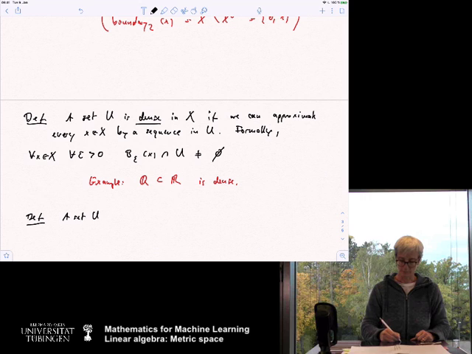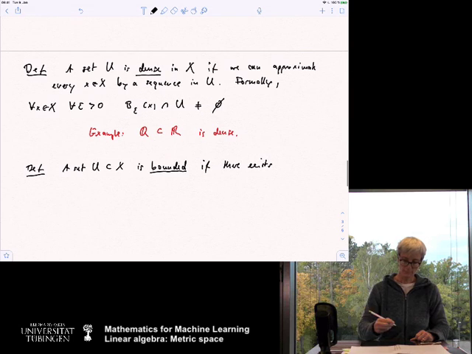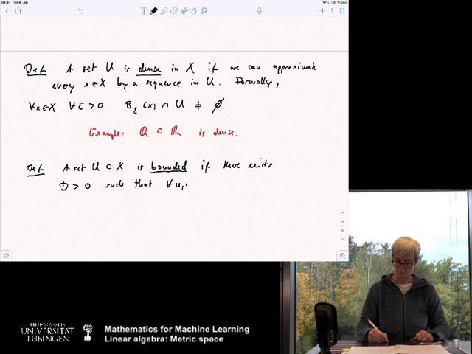A set U in the metric space is bounded if there exists a constant d larger than 0 such that for all points u, v in the set, the distance between u and v is at most d.